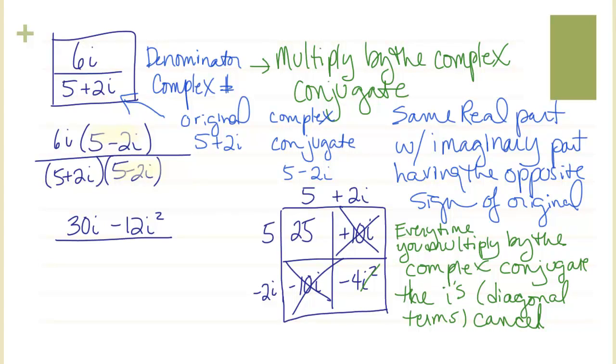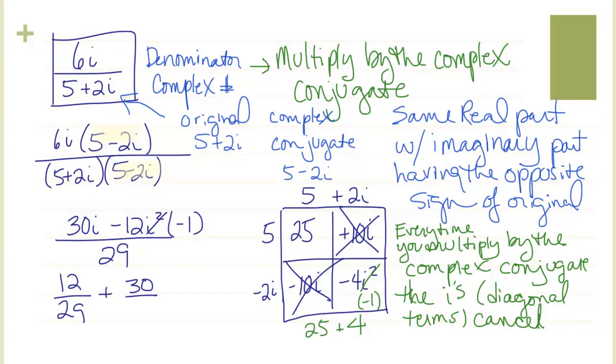And so every time this will end up being that times the negative 1. And so again, I'm just going to write down here that's going to be positive 4, right? So it's going to be 25 plus 4. So I'm going to go back to my original problem now and say, all right, that's 29. And I'm also going to go back and change that to a negative 1. So it's going to be 12 over 29 plus 30 over 29i.